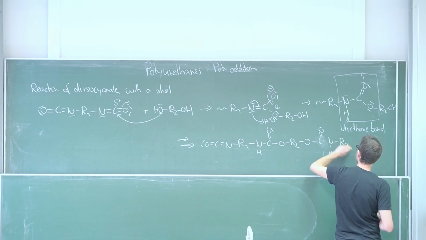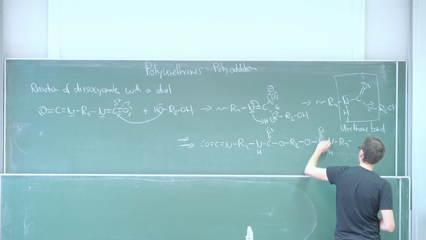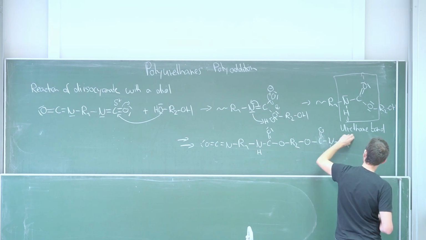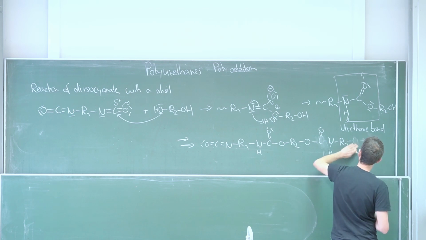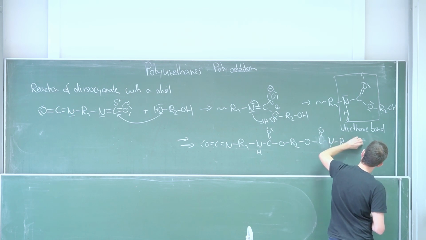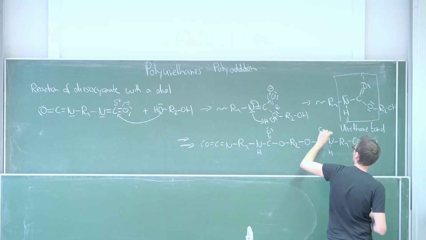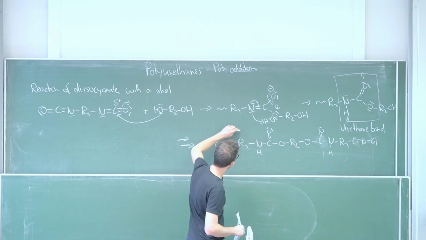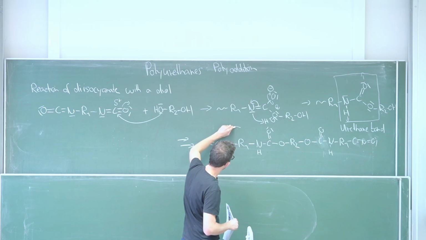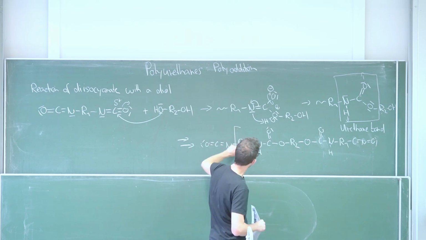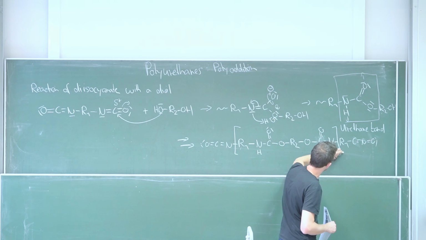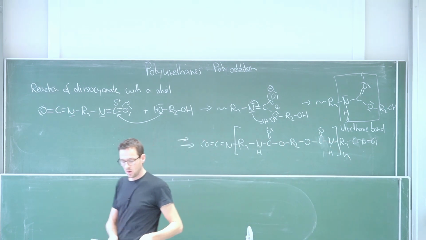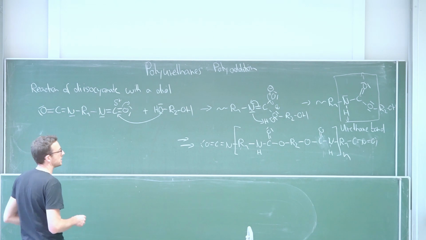And then here it will continue in H, R2, O, and so on. R1, C, and so on. So the repetition unit will start, let's say here, and then we have our polyurethane, this O, R1, so we enter here. Okay, so this is how we make polyurethanes.